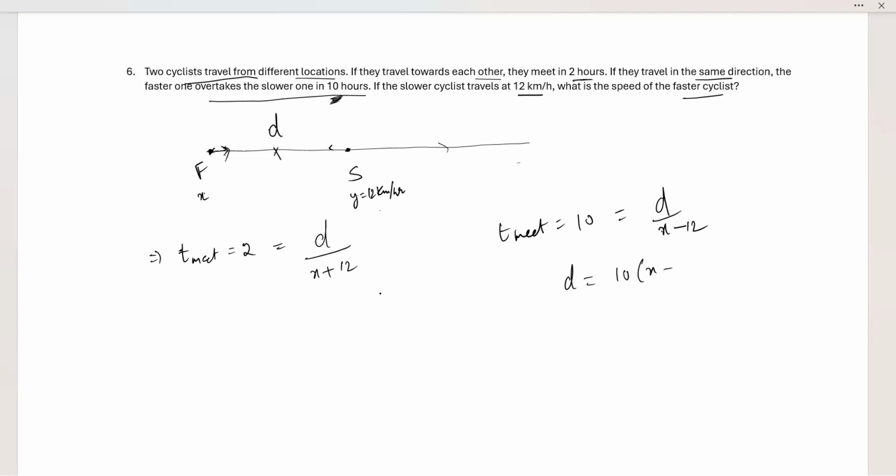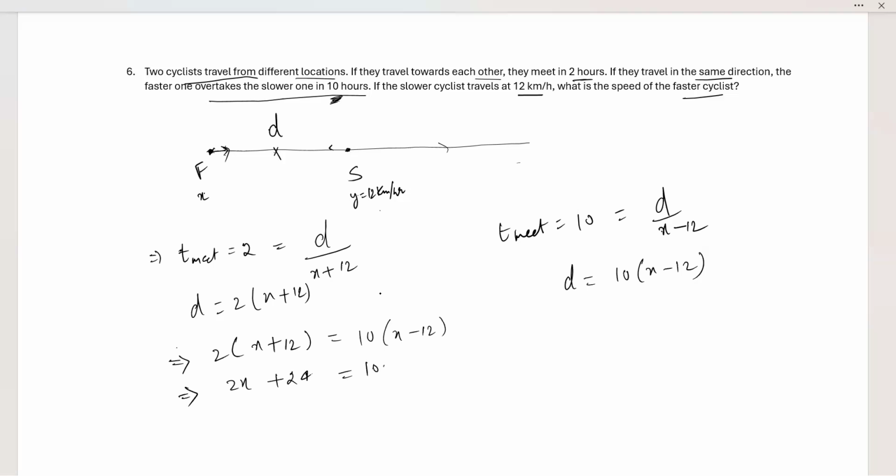10 into x minus 12 from here, and d is equal to 2 times x plus 12 from here. Equate them. So 2 times x plus 12 is equal to 10 times x minus 12. So 2x plus 24 is equal to 10x minus 120.